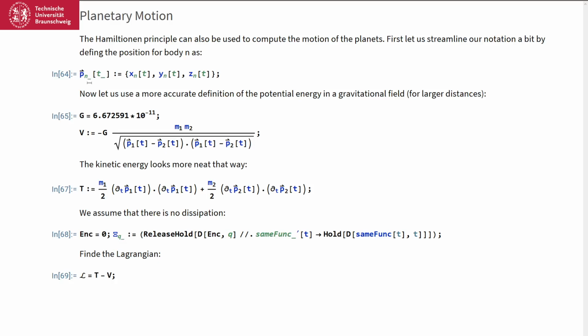Now the nice thing in Mathematica is, if this is useful for you, we can not only use the pattern as an argument in a function definition, but we can also use a pattern as an index. So we define a pattern as an index. How do we do this?